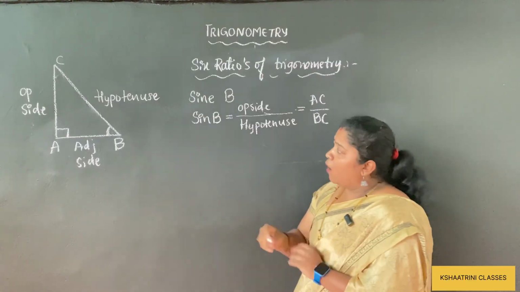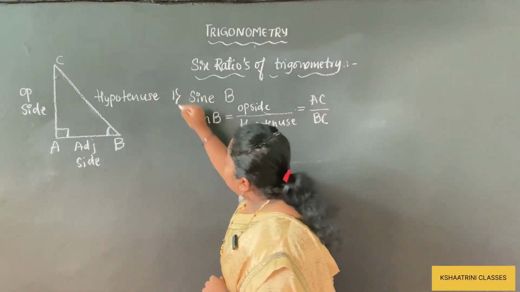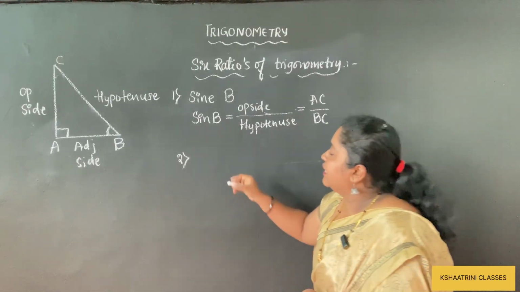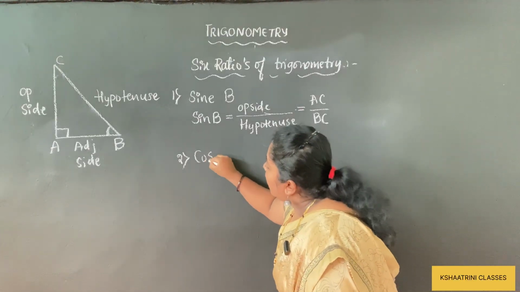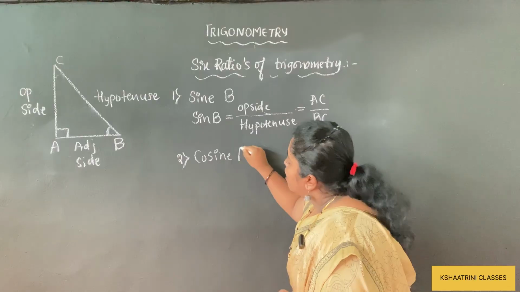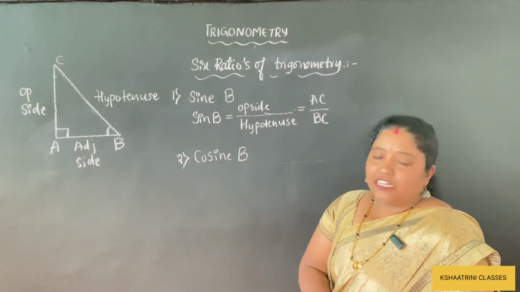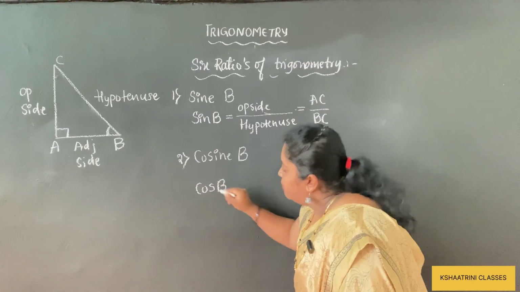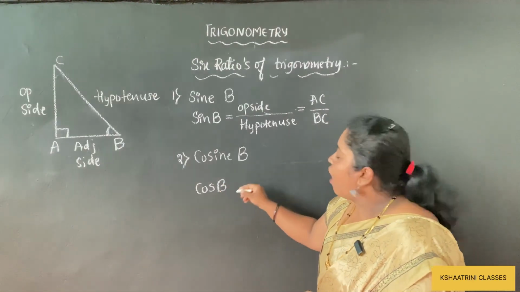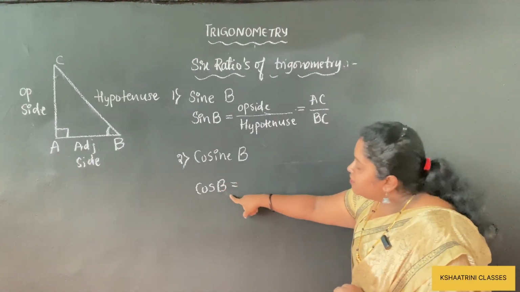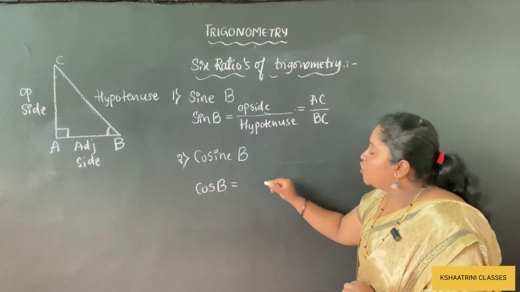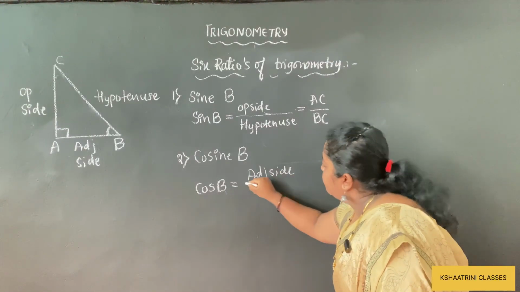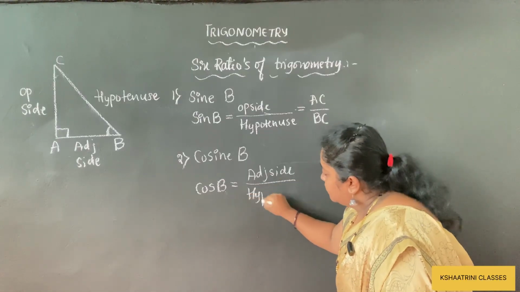Now we'll take the second trigonometric ratio. The second trigonometric ratio is cosine B. In the short form, we write it as cos B, only COS. Cos B is the ratio of adjacent side divided by hypotenuse.